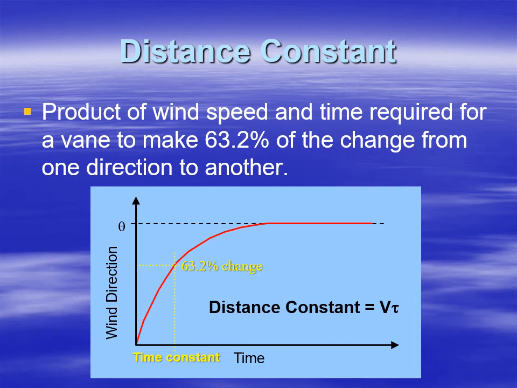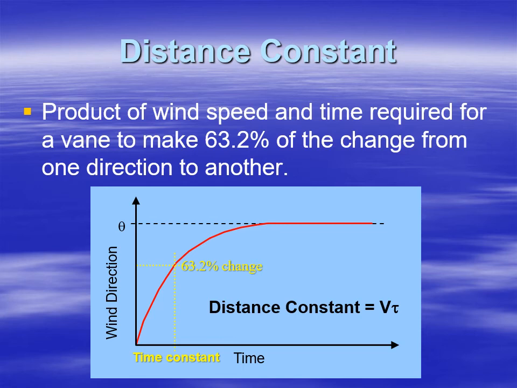Now we'll look at the distance constant, and this is similar to the distance constant for a cup anemometer, as we discussed before. Distance constant is the product of the wind speed and the time required for a vane to make 63.2% of the change from one direction to another.